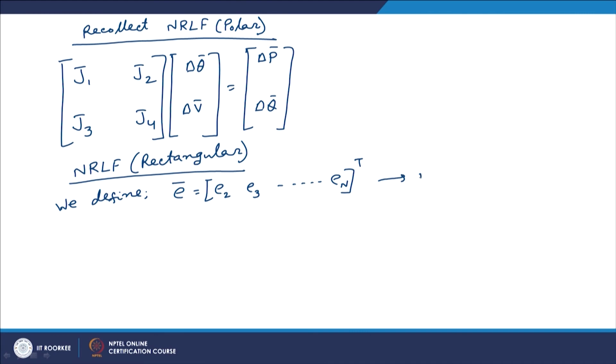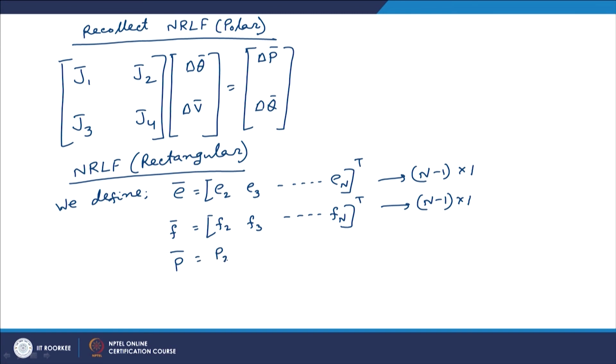This has dimension n minus 1 cross 1. Then my vector F as F2, F3, up to Fn transpose, it also has dimension n minus 1 cross 1, and our standard vector P is P2, P3, up to Pn. This is already known, but we are just defining it.